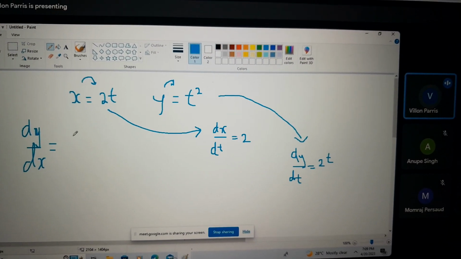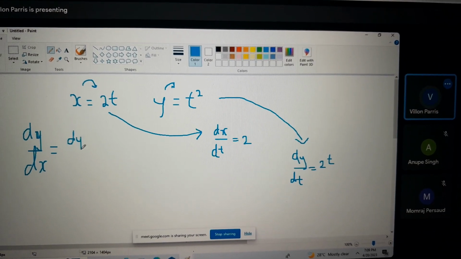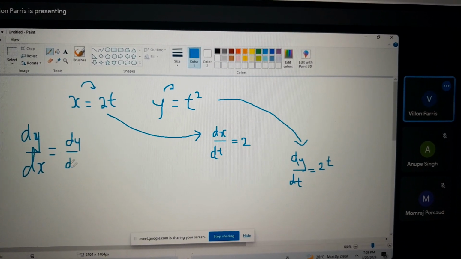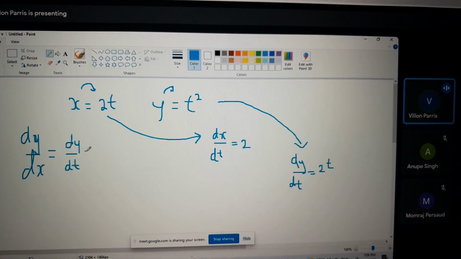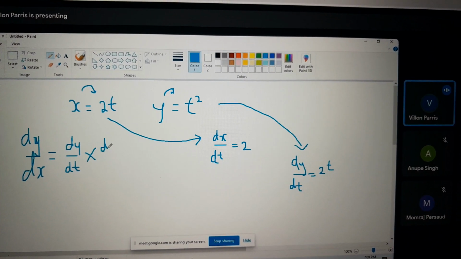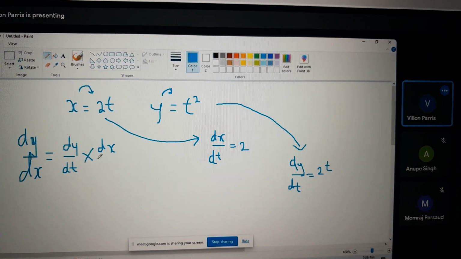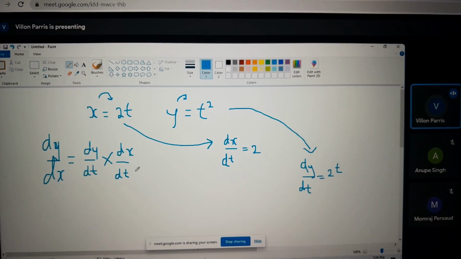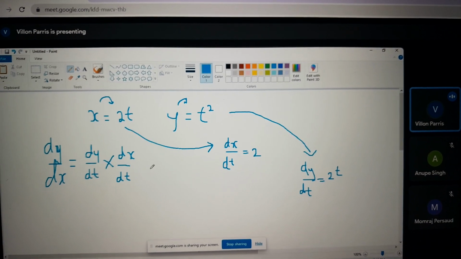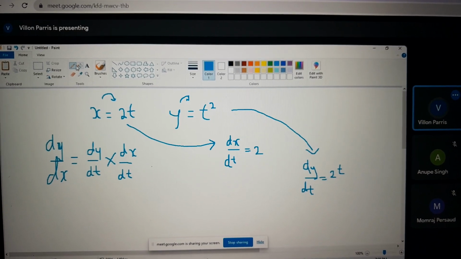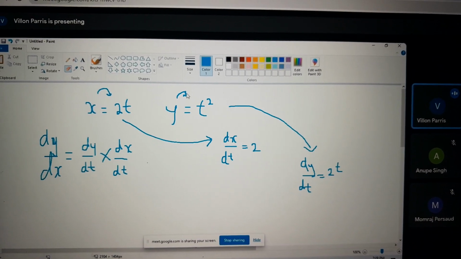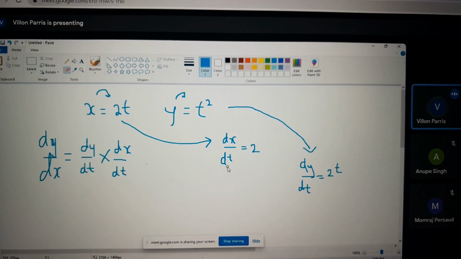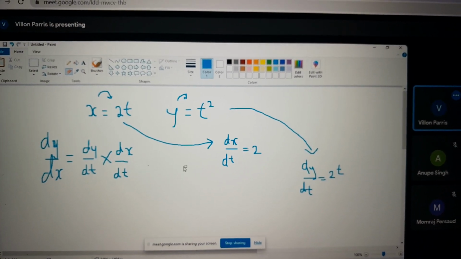So I'm going to ask you, should I write dy/dt times dx/dt? Tell me if this is correct. And if it's not correct, tell me why. If it's correct, tell me why. Because that's what we have now. I have dx/dt, I found that, and I have dy/dt.